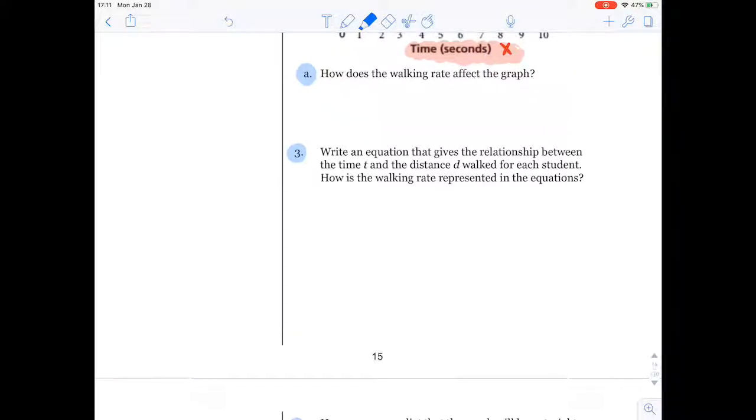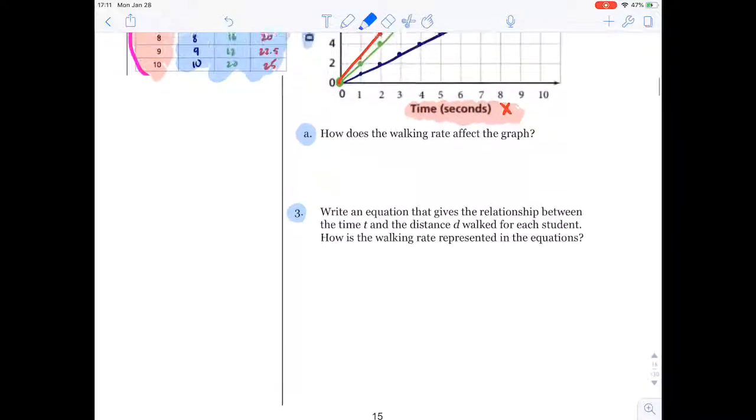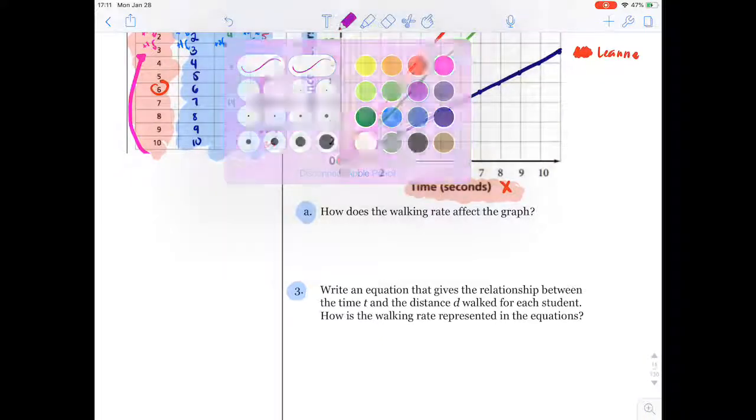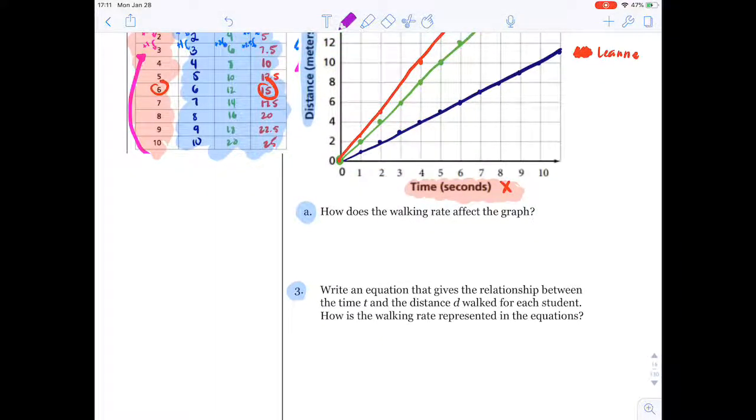Pause the video. All right, so after your video's paused and you hit play again, how does the walking rate affect the graph? Okay, and this one is the steeper, or the faster the rate. The faster the rate, the steeper the graph. Rate is considered speed, so the faster they are moving, the higher the rate.